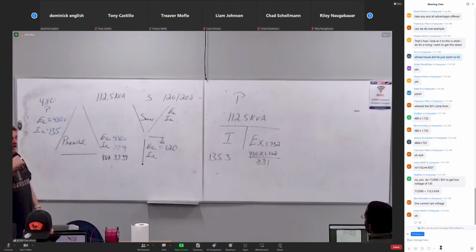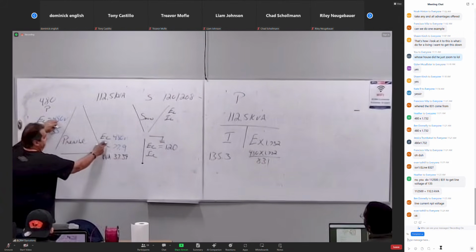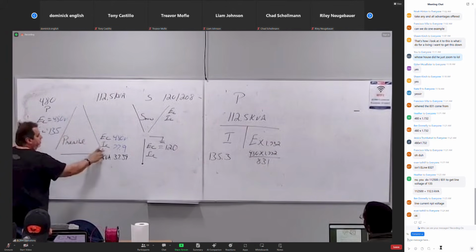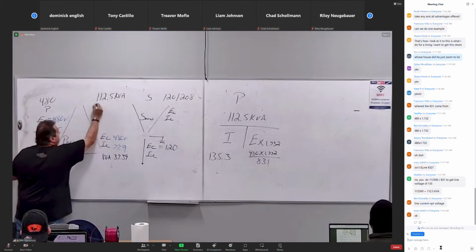So here's the thought process on the delta. Delta is a parallel circuit. Voltage stays the same. Line values are greater than coil values by 1.732 for current. Power divided by 3. I take this plus that one, gives me that number right there.